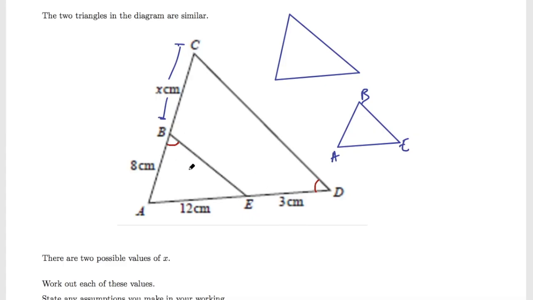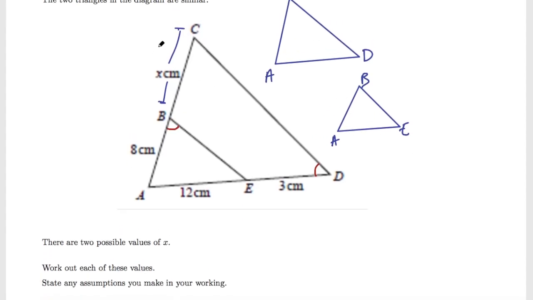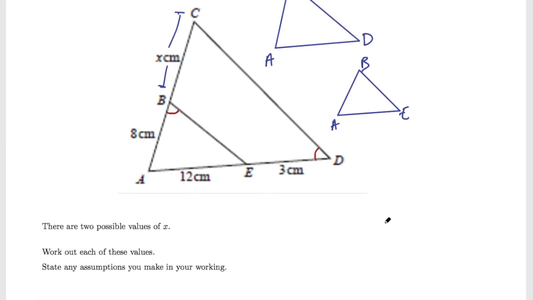Essentially what I'm saying is this triangle, this ABE, could be flipped over. It could still be similar, but not similar in the way that you automatically assume it to be. Okay, so triangle ACD is up here as well. Okay, so there's two ways that we can find the length for x.